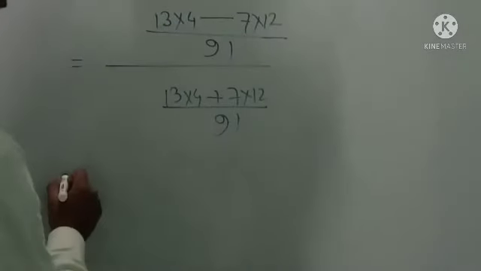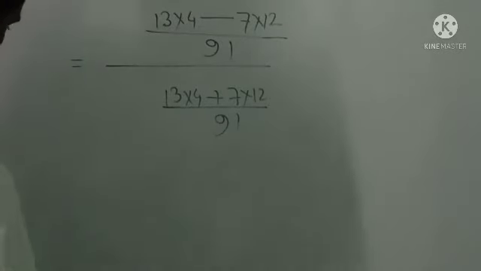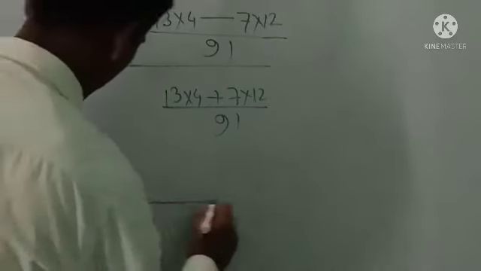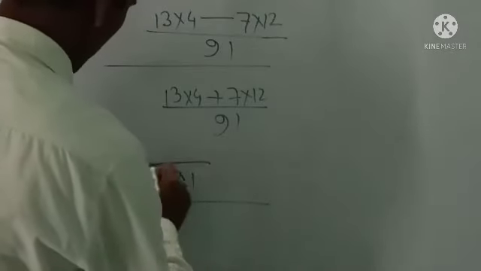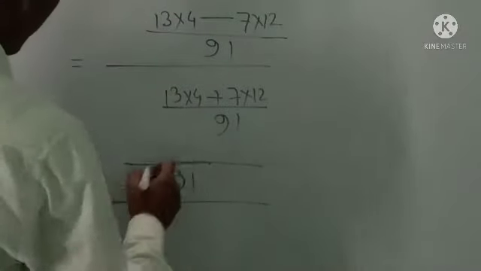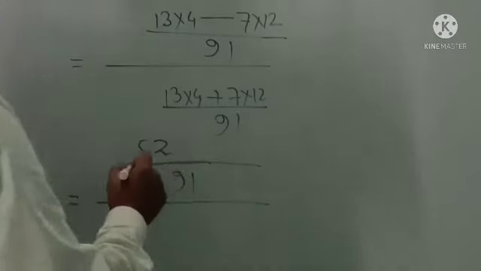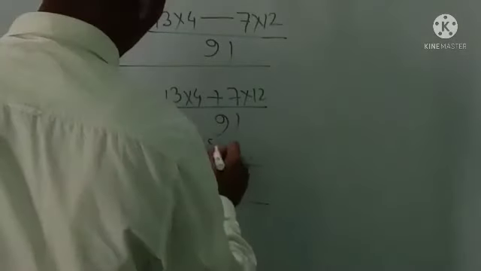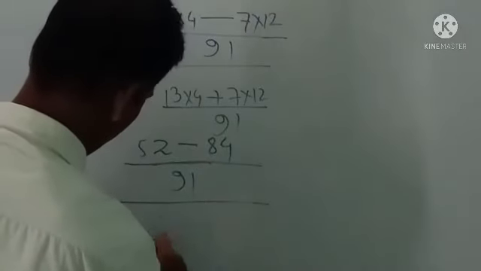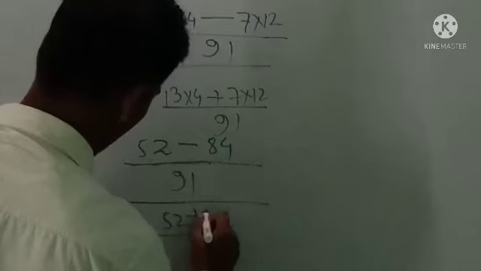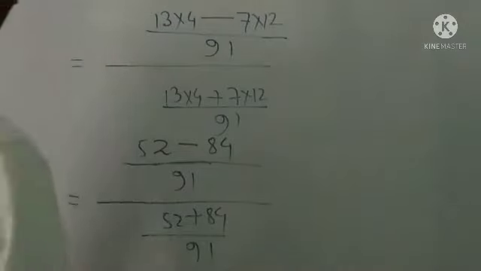Now in the following step you see, here we got 91 in the denominator place and numerator plus we got 13 times 4, 12 carry over 1, 52, and minus 84, and denominator plus here 52 plus 84 divided by 91.